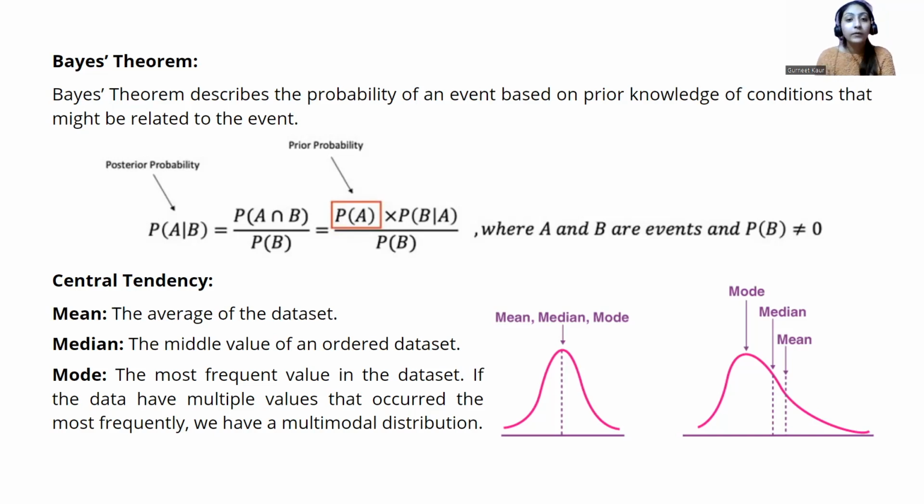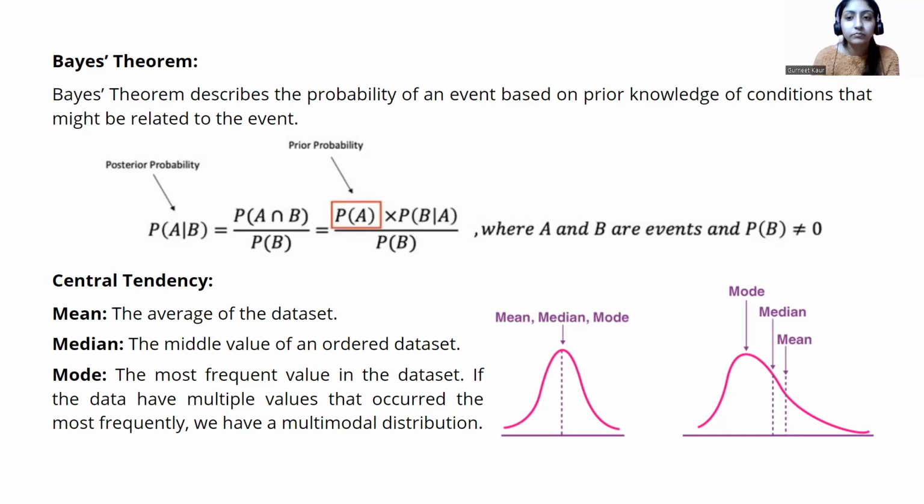Probability of B is that the patient is an alcoholic. Probability of B given A is that the patient is alcoholic given that he has a liver disease. So probability of A given B would be that an alcoholic patient has a liver disease. This is how Bayes theorem is used, basically, right?